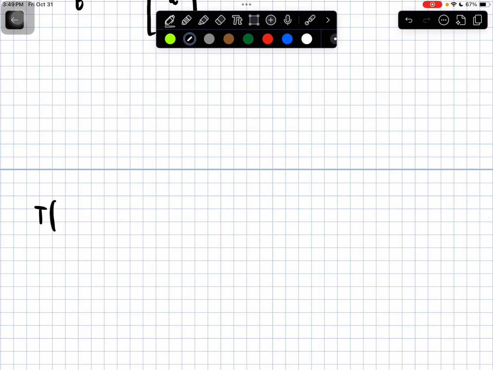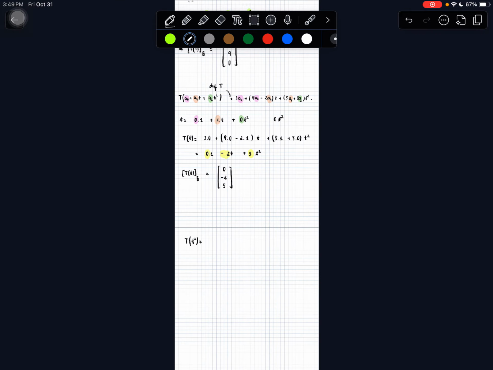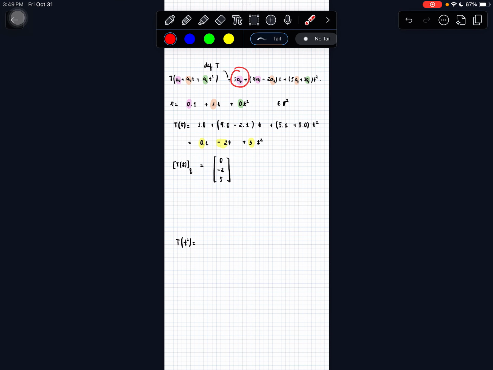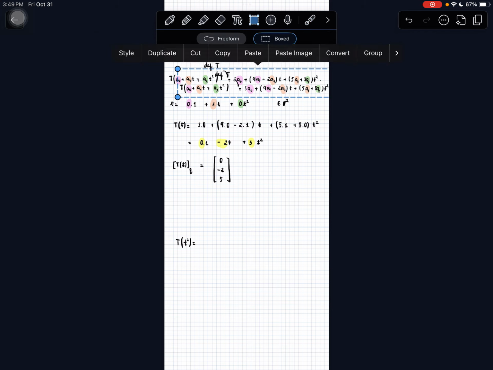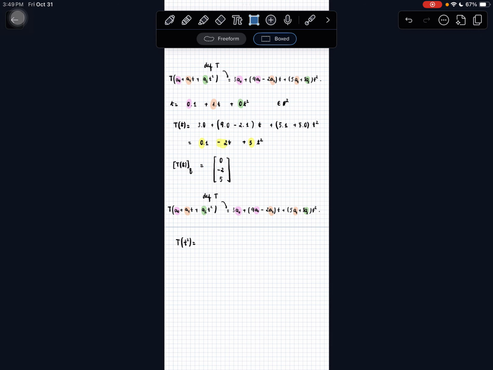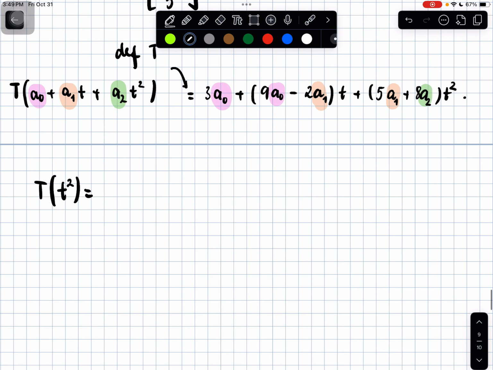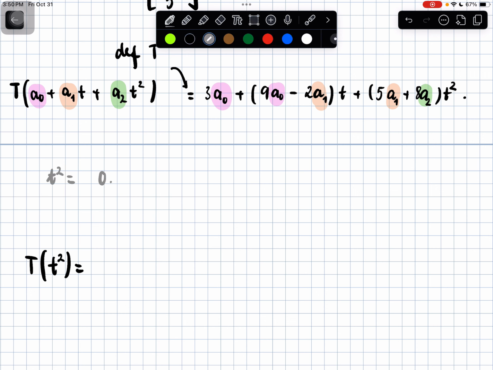Similarly, you will do the image of t squared by the definition. In our case, a0 is 0, a1 is 0, a2 is 1. Now you get used to that, you don't need to write this down, but this is 0 times 1, 0 times t, 1 times t squared.